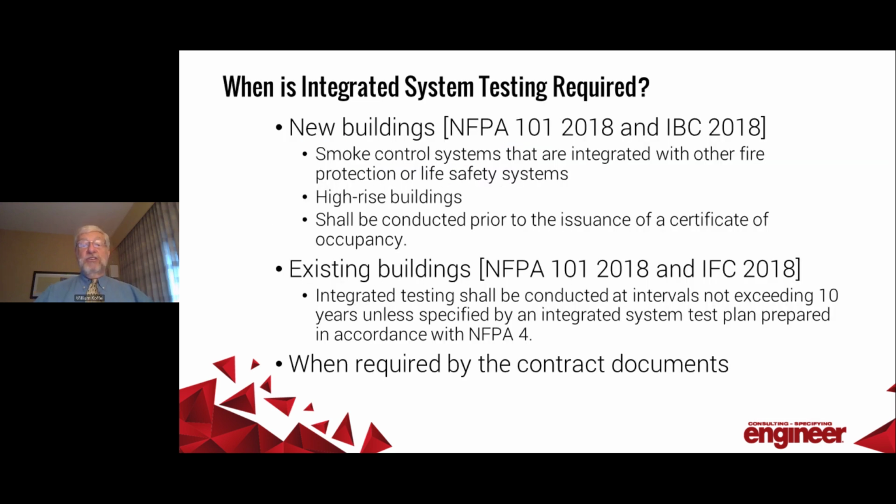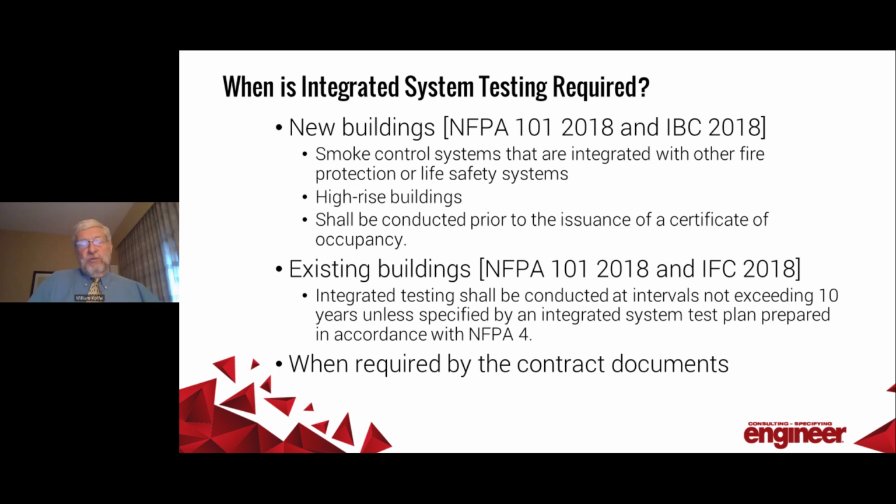Today, integrated system testing is required for certain new buildings, if I'm looking at the 2018 editions of the codes. But we also have to recognize that part of this is testing of existing systems, and the codes will give us a default. Notice the default is you test it every 10 years.